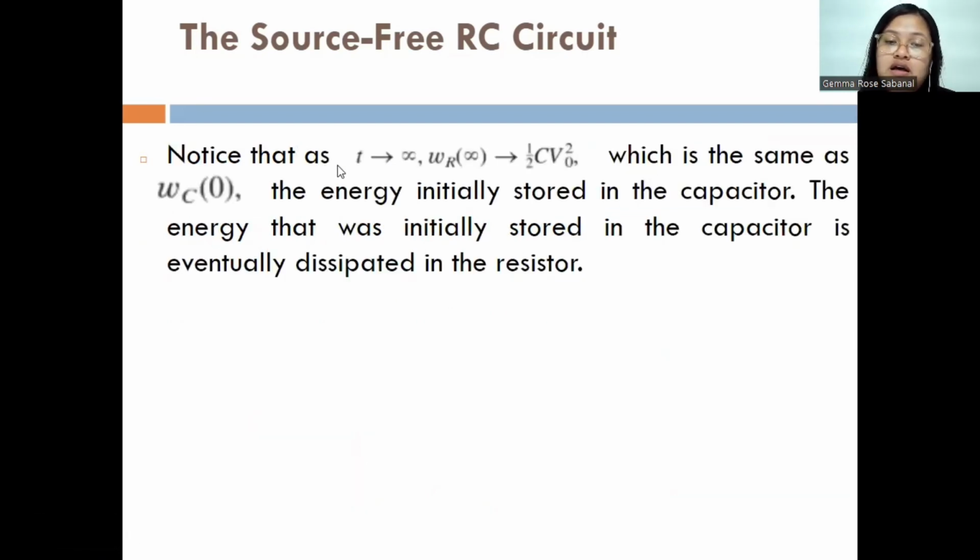Notice that as t goes to infinity, w_R(infinity) goes to 1/2 C V0 squared, which is the same as w_C(0), the energy initially stored in the capacitor. The energy that was initially stored in the capacitor is eventually dissipated in the resistor.